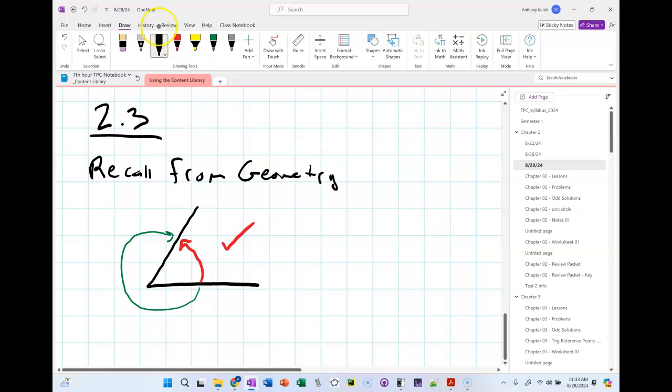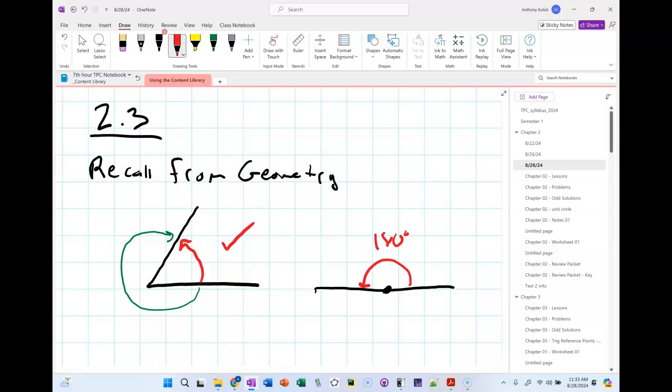And as a result, the biggest angles that we could measure would be 180 degrees. What we're going to do today is create a new system of drawing and measuring angles that allows us to draw an angle with measure of any real number. So as big as you want, as small as you want, negative, positive, bigger than 180, bigger than 360, it doesn't matter. We can draw it.